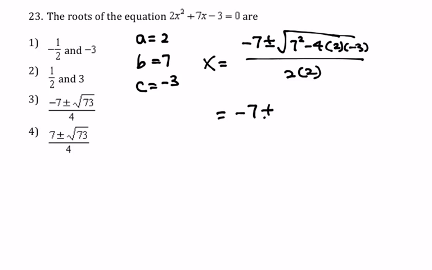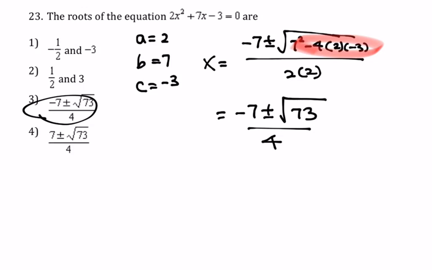So negative 7 plus or minus, once you calculate the values within the radical, we get 73, divided by 4. So our answer is choice 3.